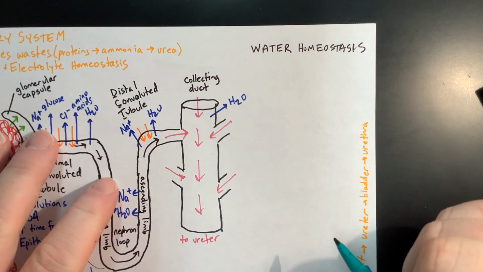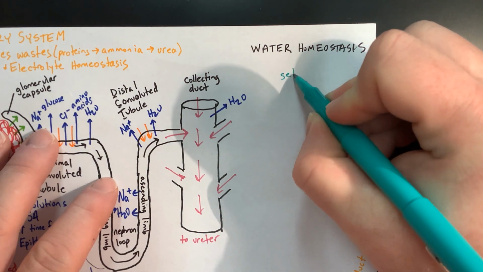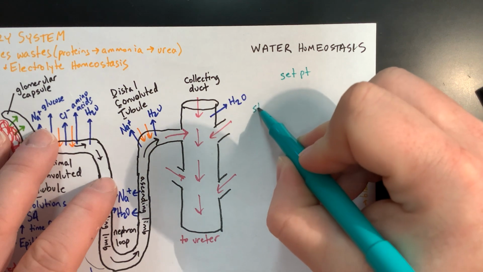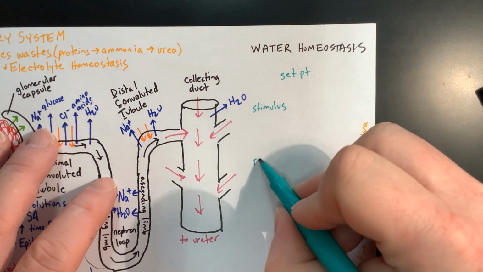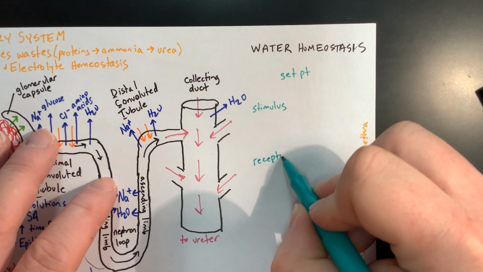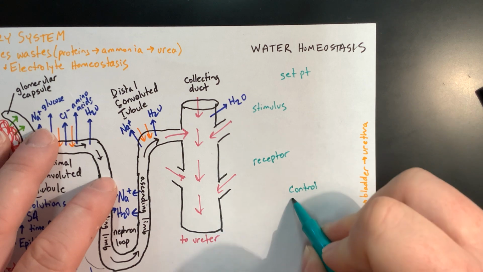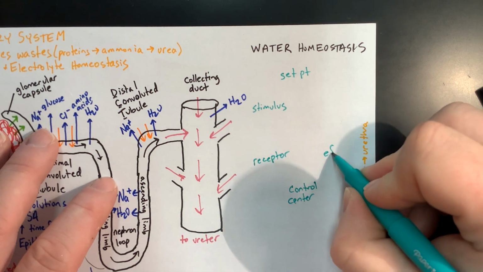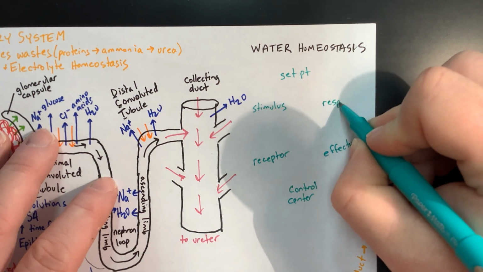So remember, our 6 parts for every homeostatic loop is our set point and our stimulus and our receptor, our control center, our effector, and our response.